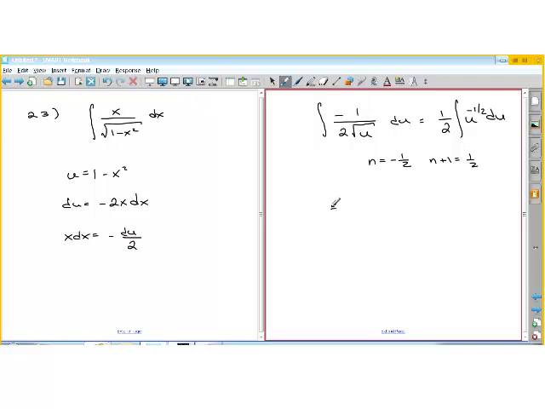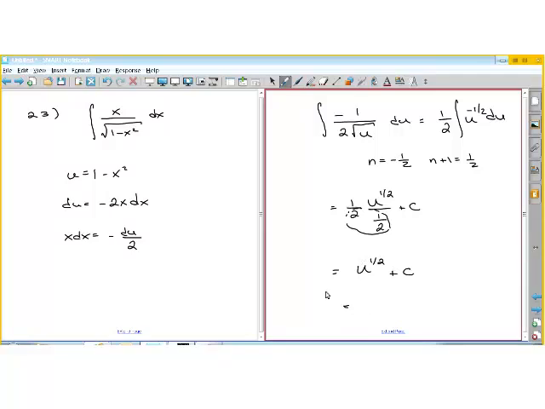So then we can just write it out. So we get 1/2 u to the positive 1/2 divided by 1/2. And we add our arbitrary constant c. So when we multiply the denominators together, you're multiplying these two numbers together. So 2 times 1/2 is 1. So this just simplifies down to u to the 1/2 plus c.